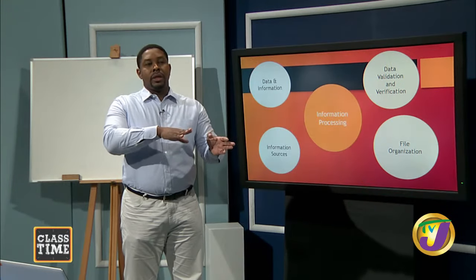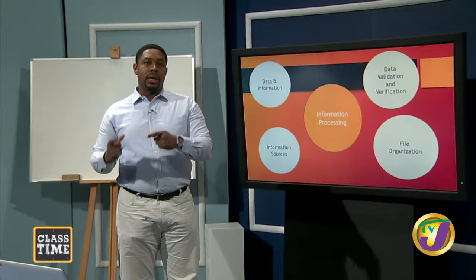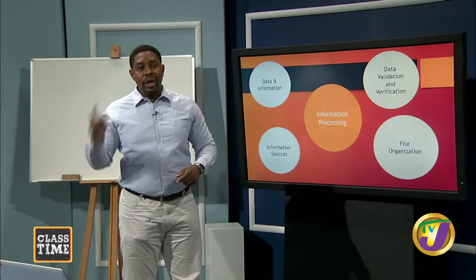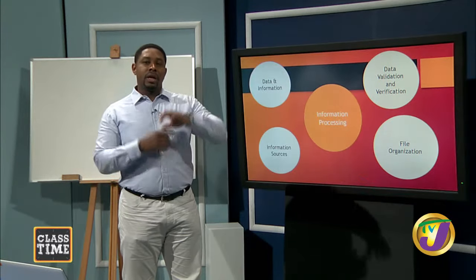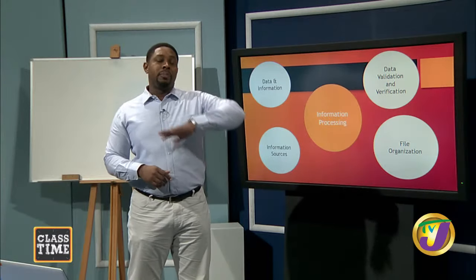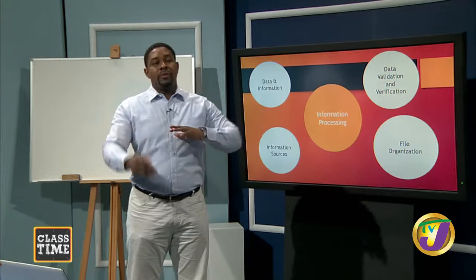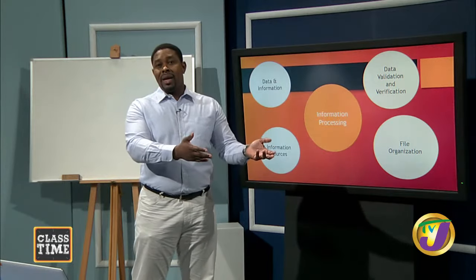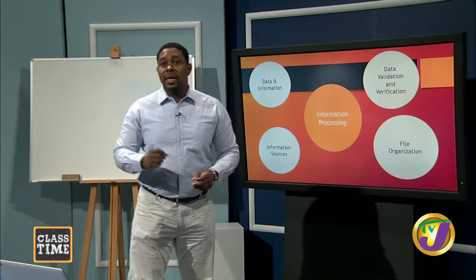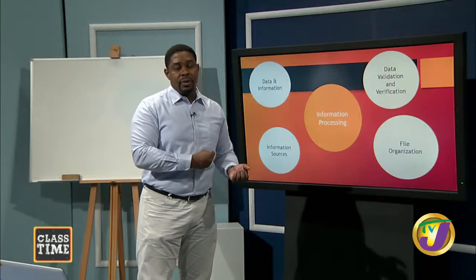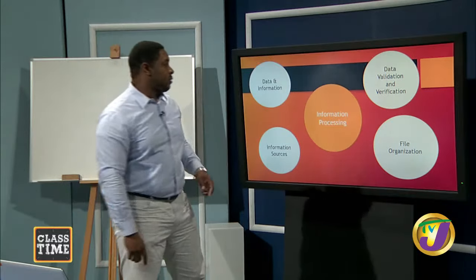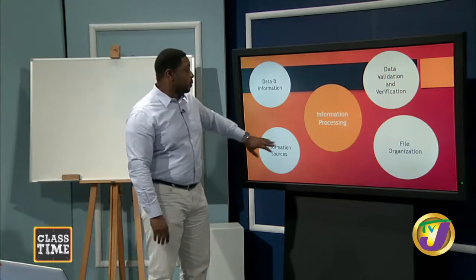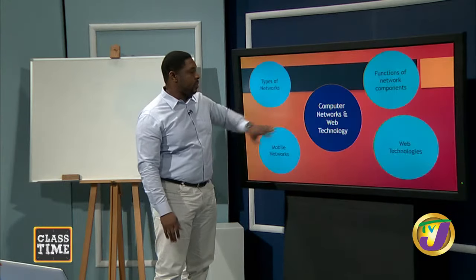And that is where you'd see sequential storage taking place, because then you have to reel through the tape in order to find a particular section, or you have to play through the entire tape. Now everything is recorded to a server or to some kind of memory card, so you can immediately go and get the information, or even go to any part in that file. So file organization is important as well.